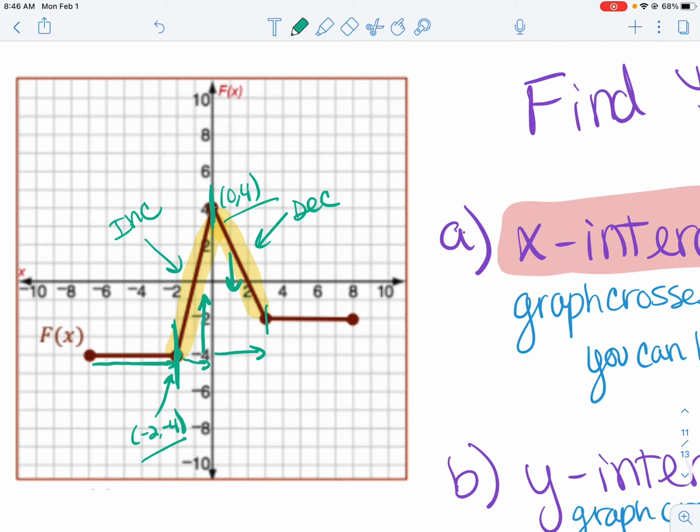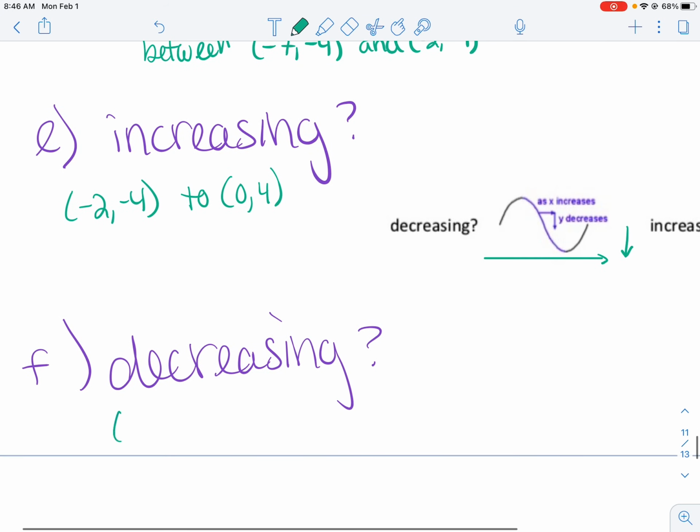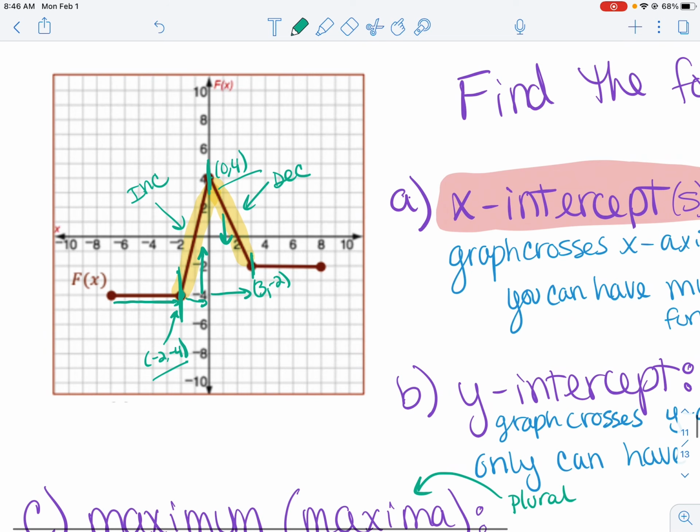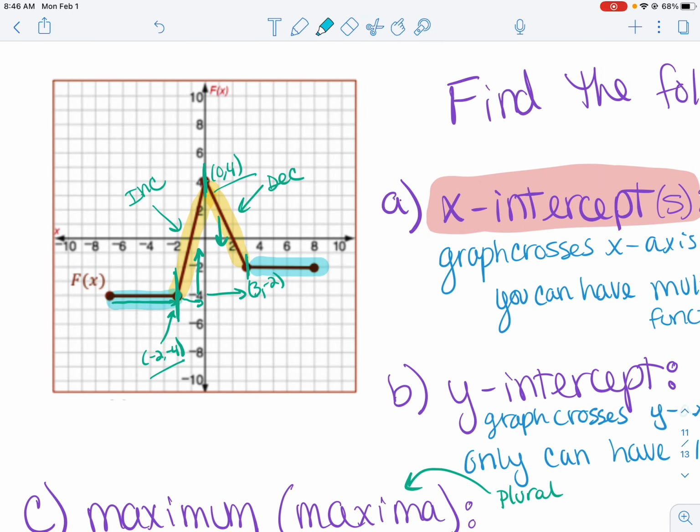So from 0, 4 to 3, -2, oopsies, what am I doing? Between those 2 points, we are decreasing on the graph. So from 0, 4 to 3, -2. And then the other portions of the graph here, let's get a different color. If they're just horizontal, those would be constant, okay? So there's no change there.